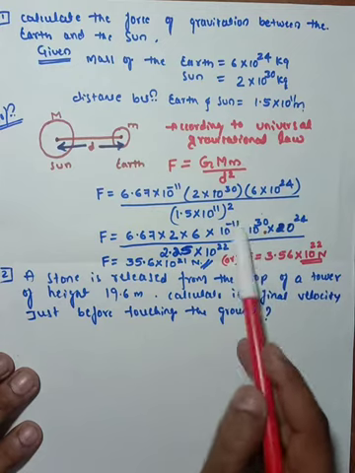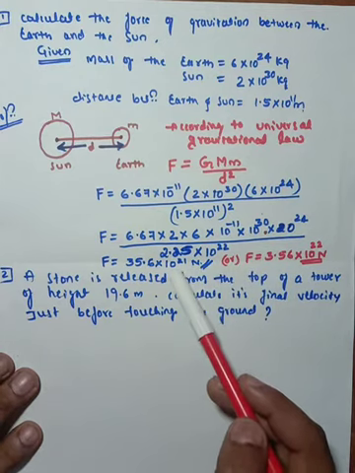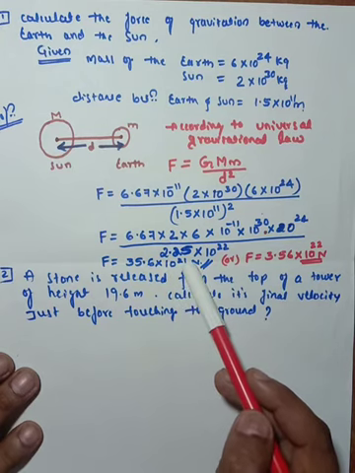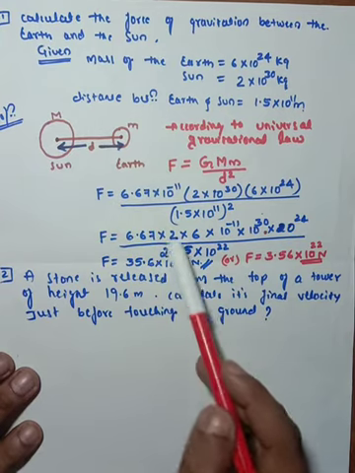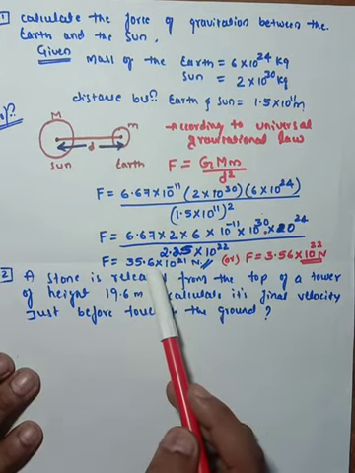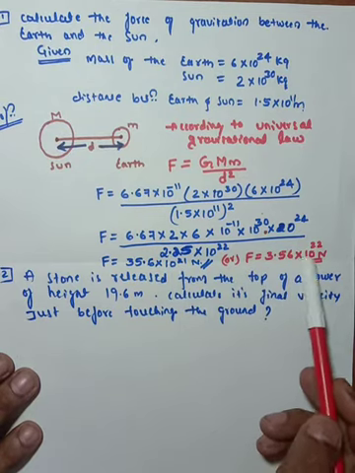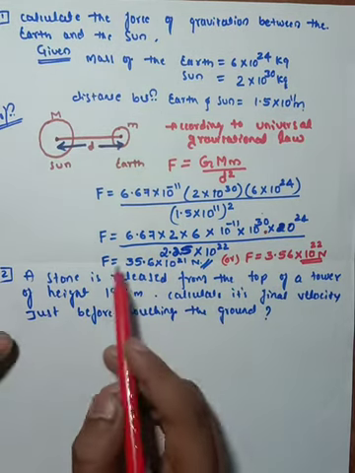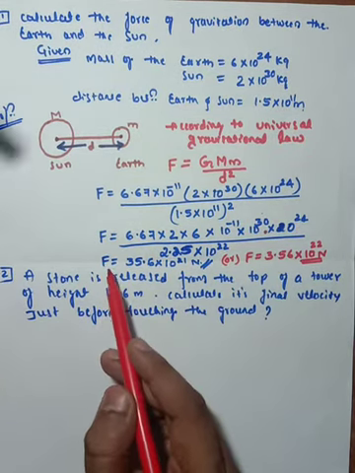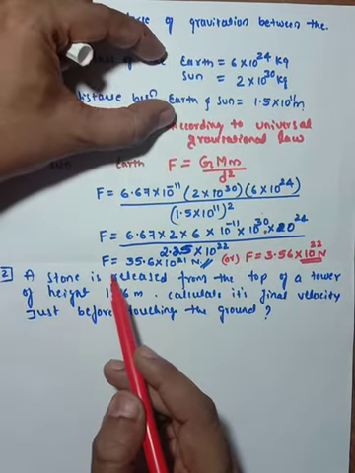After solving this power, 10 raised to minus 20, 10 raised to 21 plus 21. After solving, you will get 35.6, or you can write 3.56 into 10 raised to 22. Hope you understood. So this much force of attraction will be there between the Sun and Earth, according to this data.